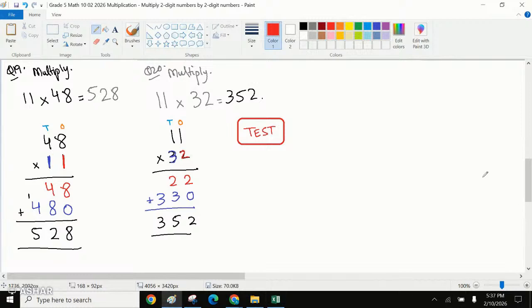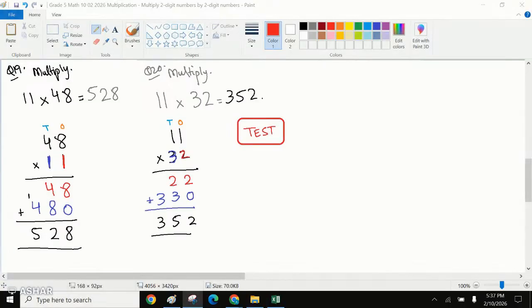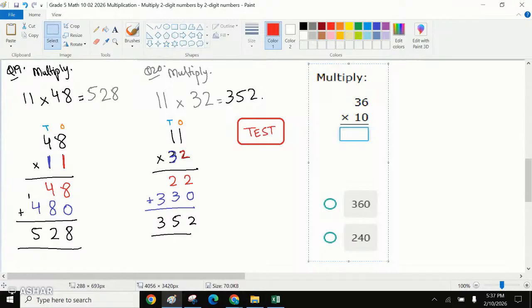The first question says, very easy, multiply 36 by 10. What should be the answer? Option A or option B?